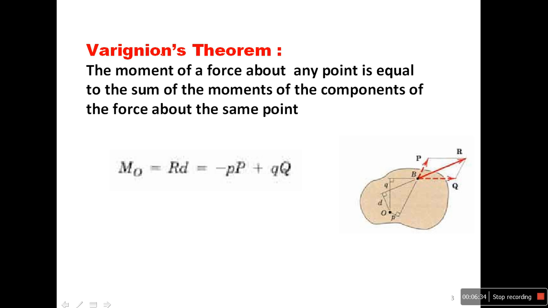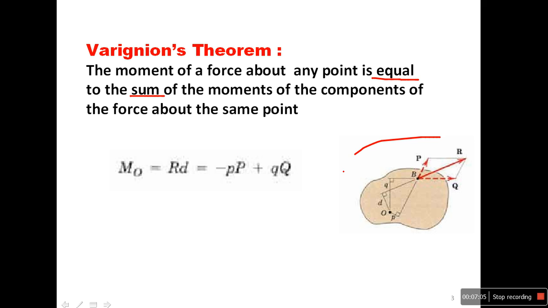Now Varignon's theorem. Varignon said the moment of a force about any point is equal to the sum of the moments of the components of the force about the same point.